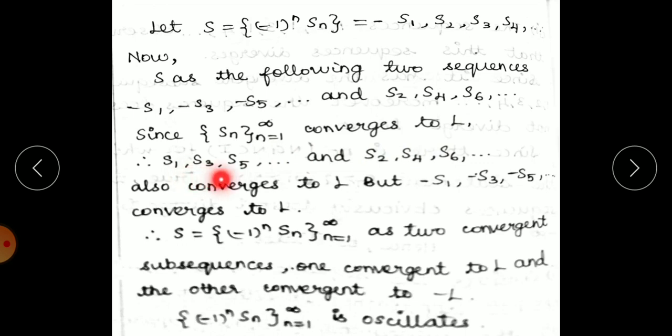Therefore S2, S4 also converge to L, but -S1, -S3, -S5 converge to -L. As there are two convergent subsequences, one converging to L and another converging to -L, that is the difference, so it oscillates. In the definition we saw convergence to infinity and minus infinity; here the positive terms converge to L and the negative terms converge to -L. Therefore the sequence (-1)^n Sn oscillates.